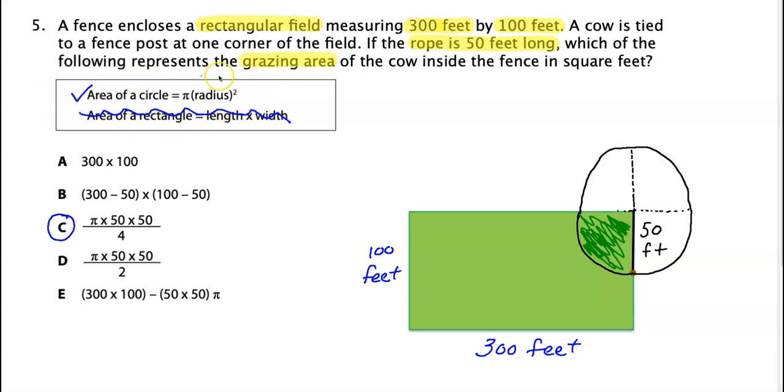So this formula represents the area of a full circle. So I'll write that down. I'll put A here for area of circle equals pi times the radius squared.